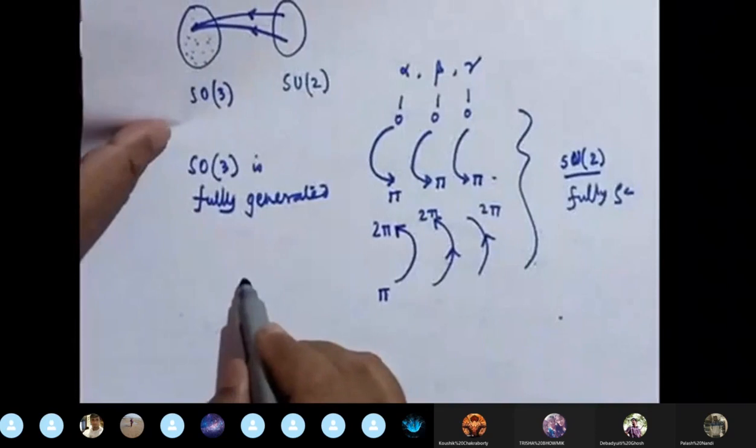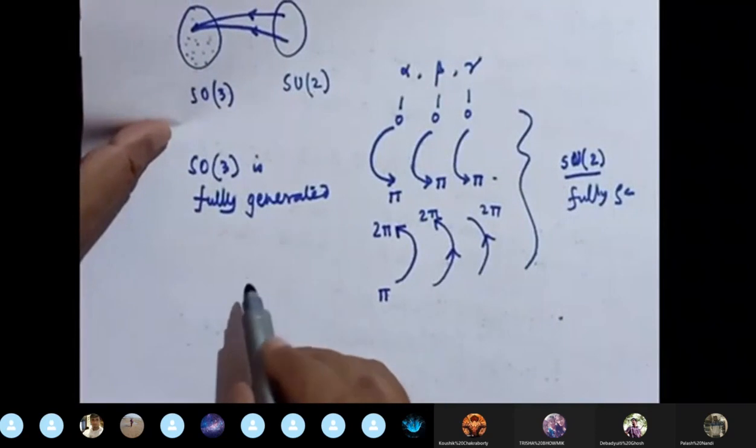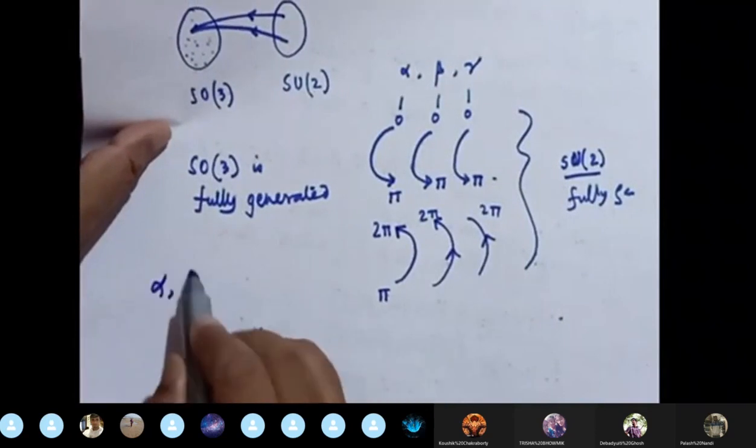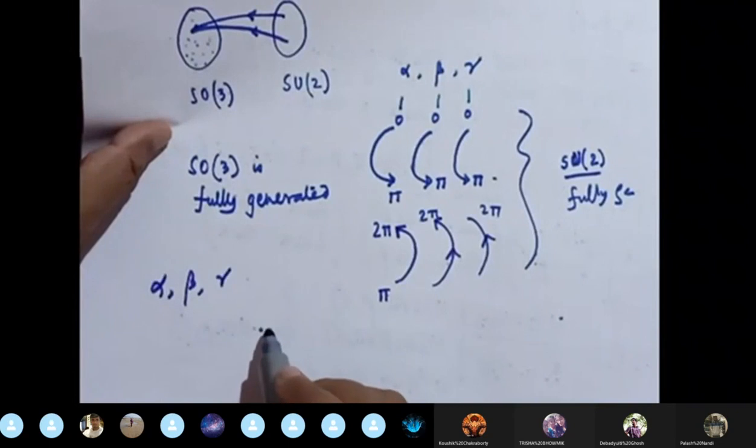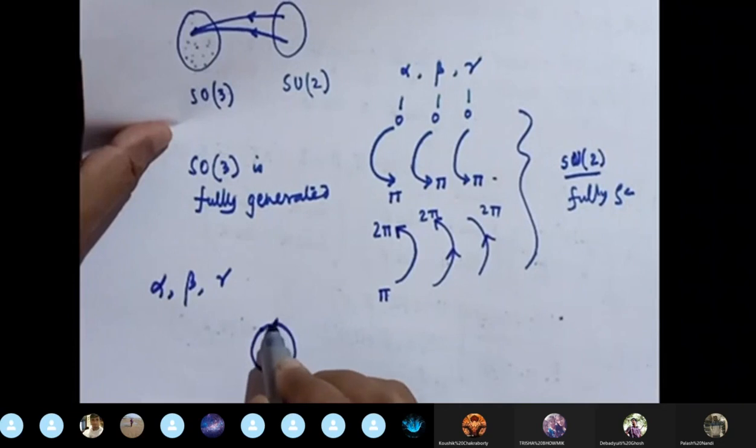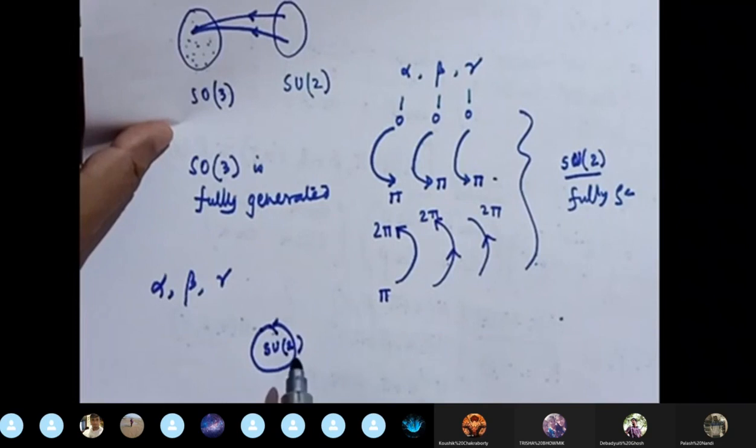So when you vary alpha, beta, gamma from 0 to 2 pi once, SU2 is fully encompassed. But as you vary from 0 to 2 pi, the SO3 group has been generated once, again generated.